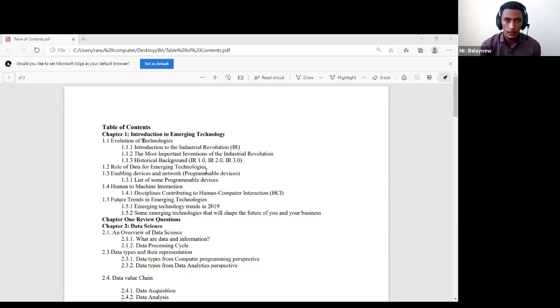For example, we can consider a calculator. It takes a number, a digital number, as input. Then after processing, it produces what? Also a number, yes. So it can be considered a digital computer. What about a speedometer?